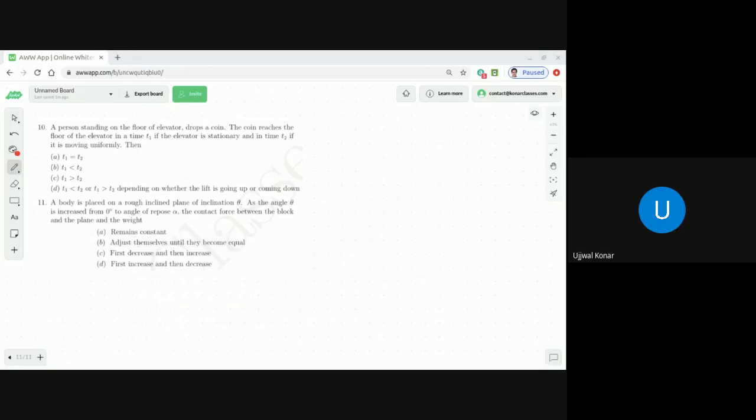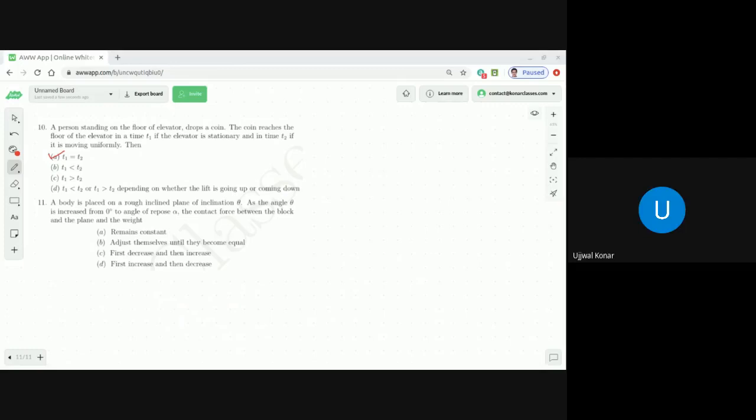Hence, we get correct option as A for question number 10. Let's come to question number 11, dear students. What you got for question number 11? Sir, I got C. Sir, I also got C.